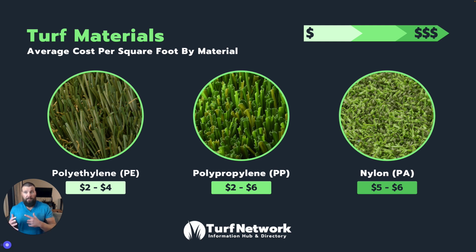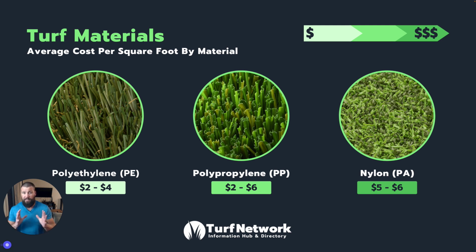Polyethylene is more commonly used as a thatch fiber since the introduction of polypropylene into the turf industry, because polypropylene is so much easier to work with and is much more durable than polyethylene. The polyethylene, you're looking at $2 to $4 per square foot on average for turf products made primarily of polyethylene. For polypropylene, $2 to $6 per square foot, and nylon, the most expensive, $5 to $6 per square foot.